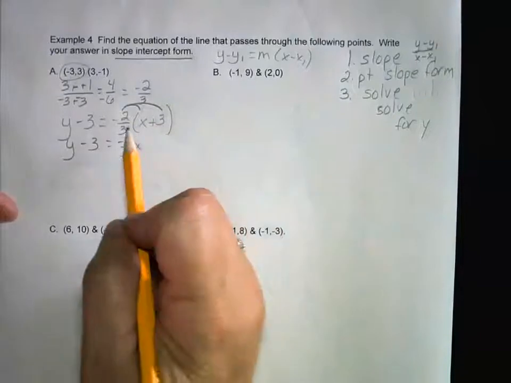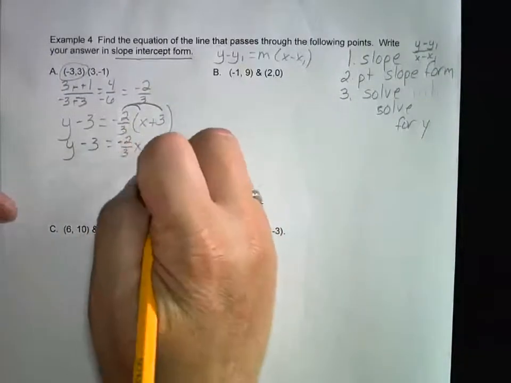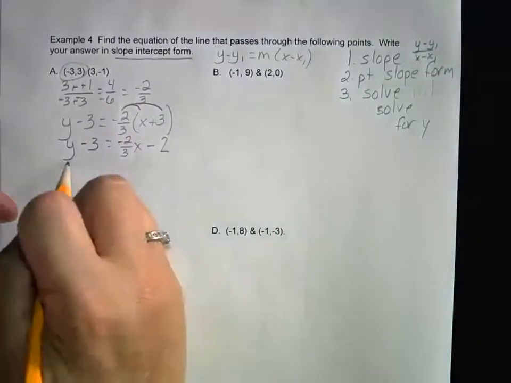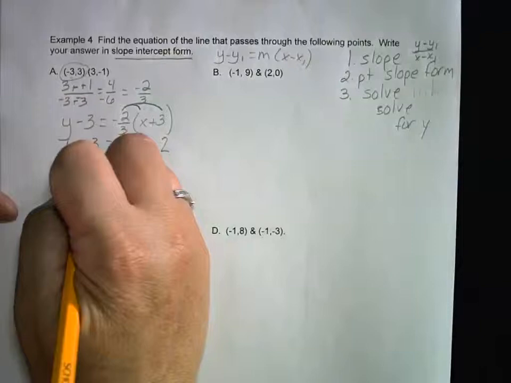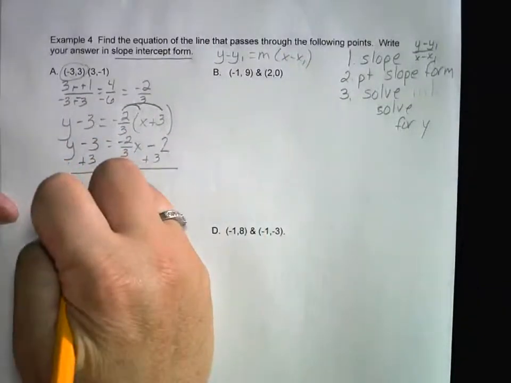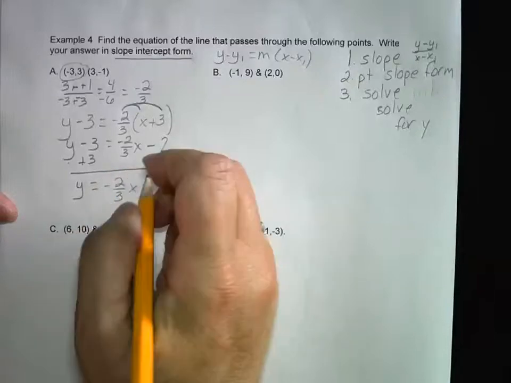And negative 2/3 times 3 will be a negative 2. Our goal is to get the y by itself, so we will add 3 to both sides, and that becomes negative 2/3 x plus 1.